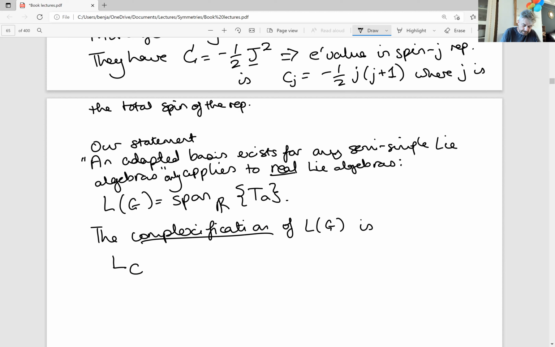We denote it as L_C(G), and this is the span over the complex numbers of our basis vectors. And the original L(G) is known as the real form of the complexified Lie algebra.